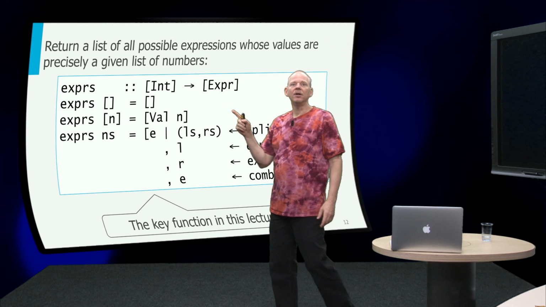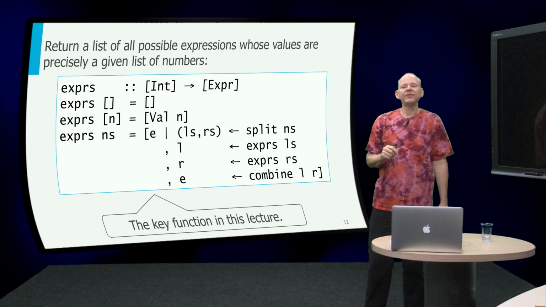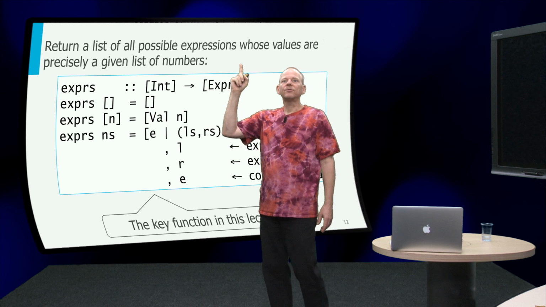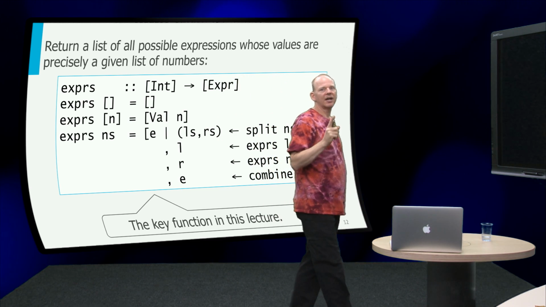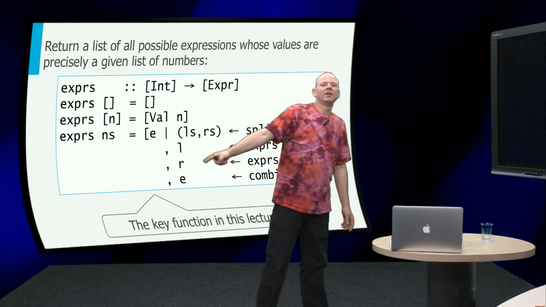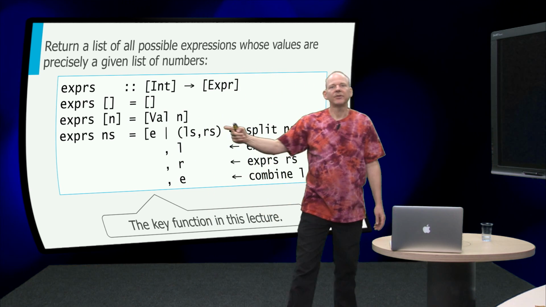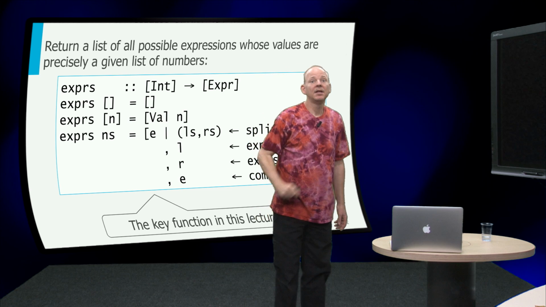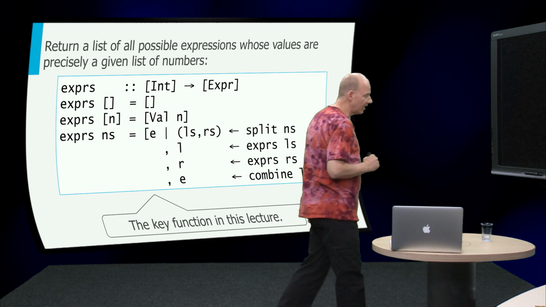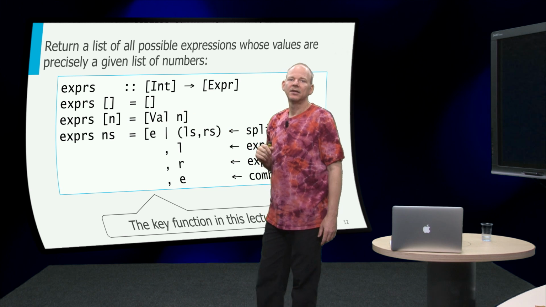All right, so now we can define a function that, given a list of integers, will return a list of expressions whose values are exactly that list of given numbers. If we're given an empty list of numbers, then we can build no expression. If we are given a singleton list, the only expression we can build is the expression that contains that value.